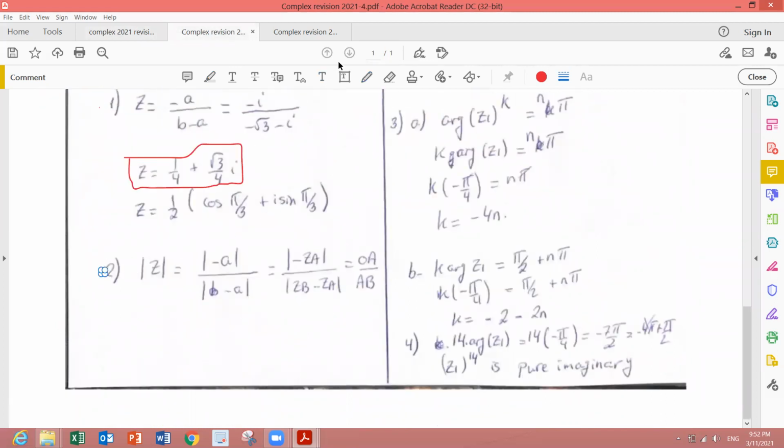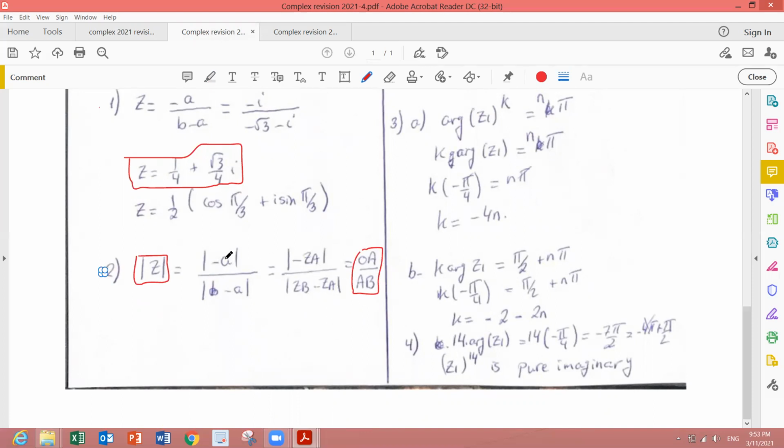Modulus of z equals modulus of minus a over modulus of b minus a, equals modulus of za over zb minus za, equals OA over AB. Modulus of z is OA over AB, which is half.